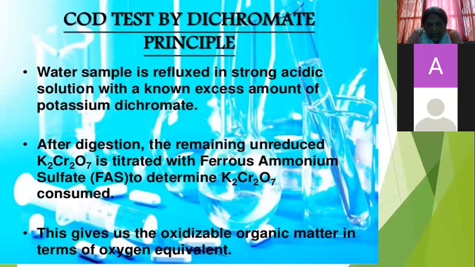So this sample will be mixed with the acidified potassium dichromate. How much potassium dichromate we are taking, we must know, that is the volume of the potassium dichromate. And all of you know that acidified potassium dichromate is an oxidizing agent. Remember, oxidizing agent. So this is all about the oxidation of the pollutants present in the wastewater.